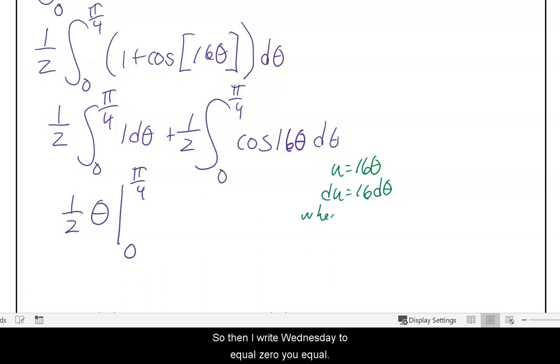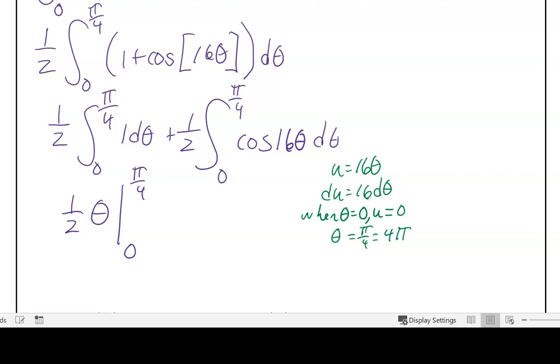So then I write, when theta equals 0, u equals, well, let's see, 16 times 0 would be 0. Okay, when theta is pi over 4, 16 times pi over 4 would give me 4 pi. Those will replace the limits of integration and allow them to reflect the new differential du.